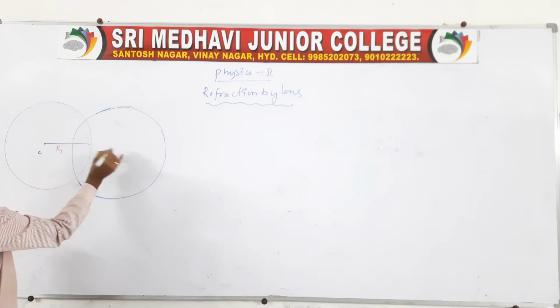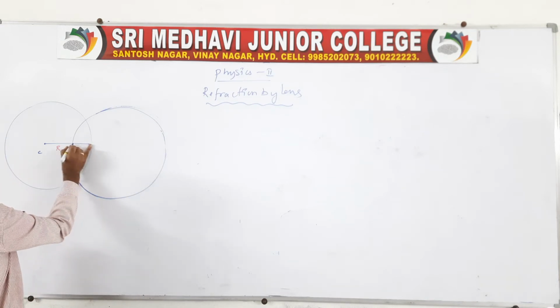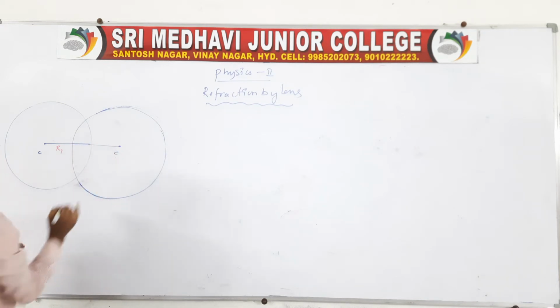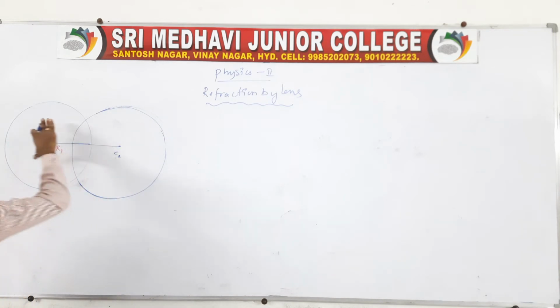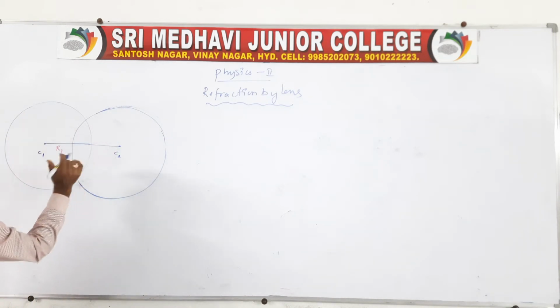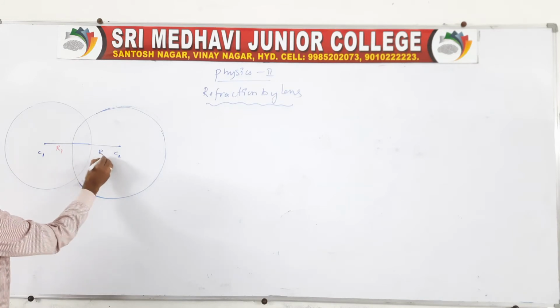Its center of curvature is C2, in general just as C1 is for the first, and its radius of curvature is R2. This is for the second glass sphere.